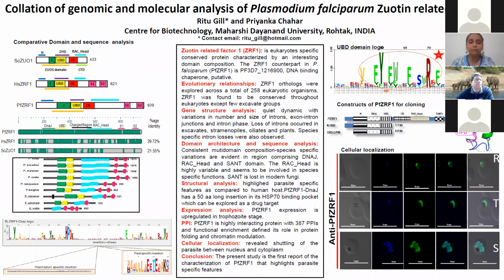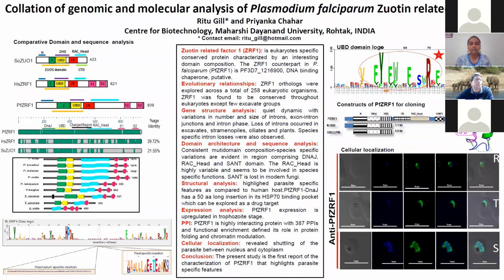PfZRF1 is a longer protein as compared to the human host and is characterized by parasite-specific insertions. These insertions mainly belong to the N-terminus region, DnaJ domain, and RAC head domain, while UBD, Zuotin homology domain, and SANT domain are comparatively conserved in Plasmodium falciparum.